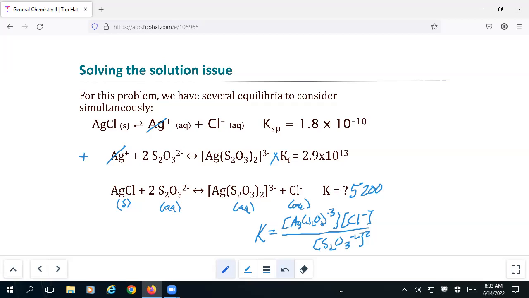So when it comes to answering the original question, how much thiosulfate do we need? It comes down to two pieces, basically. First of all, we've got to satisfy the stoichiometry. So if I have 0.02 moles of silver in the form of silver chloride, I'm going to need at least 0.04 moles of thiosulfate because I need twice as much just to make the complexes.